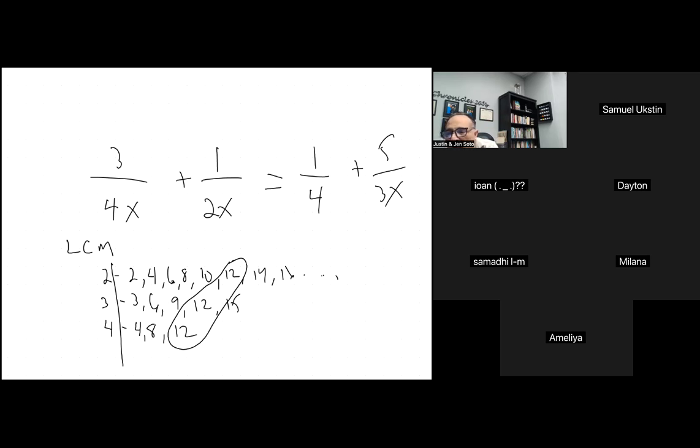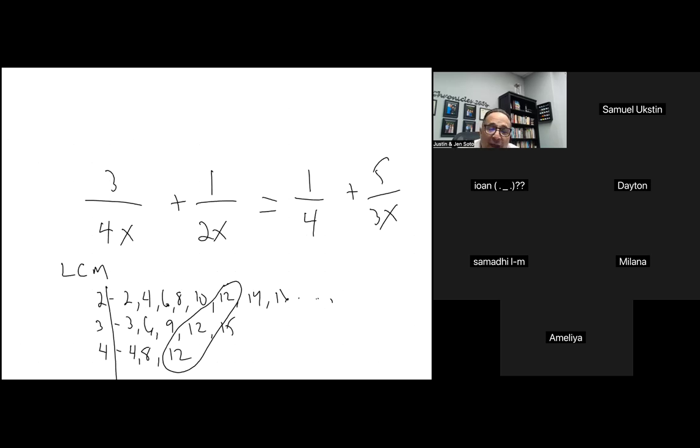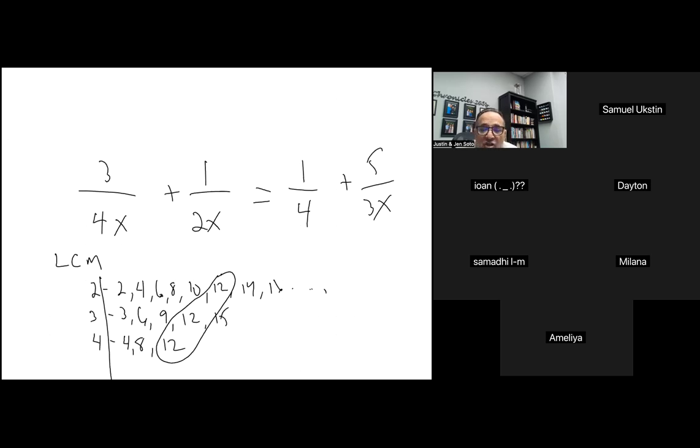You should know how to do that, okay? Okay, so when we clear out these denominators, what we have to do is we have to multiply each spot by the least common multiple. So let me go ahead and erase all this mumbo jumbo here. There's just no way. I wanted to show you what a least common multiple was.